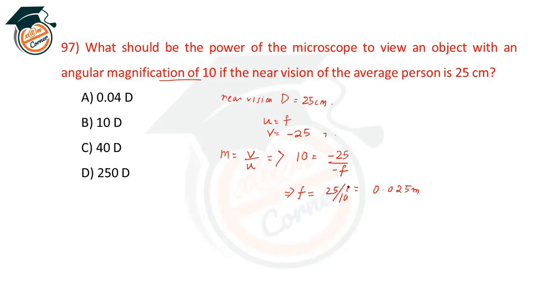Because these are all in centimeters, we'll convert it into meters. Then the power: power equals 1 by F, inversely proportional to F. So power is 1 by F, which is equal to 1 by 0.025, which on solving is around 40 D. So 40 D is the answer.